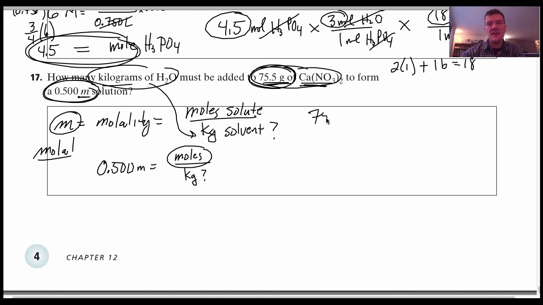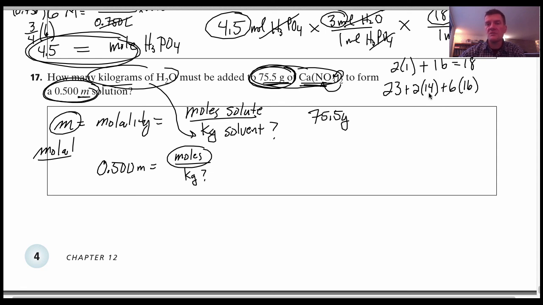So let's find the moles here knowing the mass of our solute. So 75.5 grams. And then we're going to have to find the molar mass of this calcium nitrate. Well, I think calcium is 23. You can check on the periodic table. So 23. Then we've got 2 nitrogens. Nitrogen, I believe, is 14. Again, you can double check me. And then you've got 2 times 3, you got 6 oxygens. Okay?